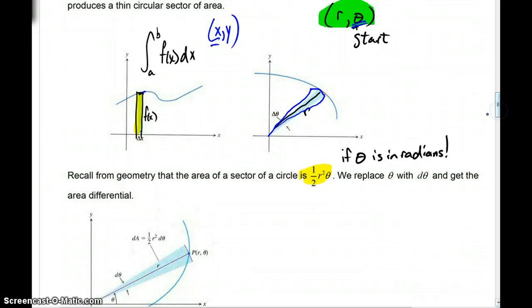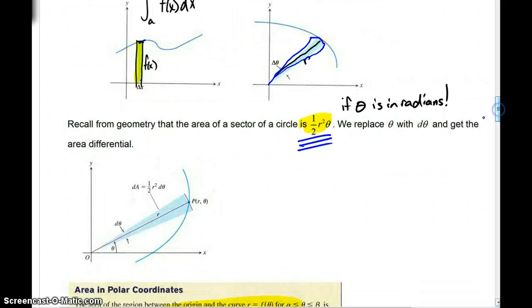So from geometry, the area of a sector is 1/2 r squared theta, and that is only true if theta is in radians. So if we would have a d theta or a delta theta, you could envision a little sector being formed here, and this picture shows that rather nicely.